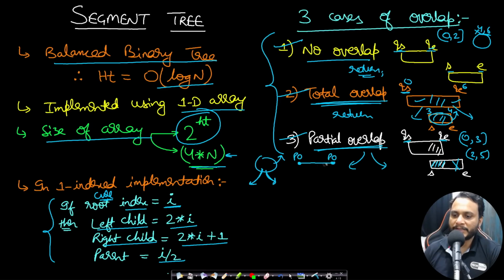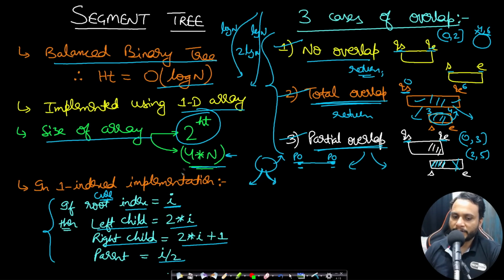Since a range can have exactly 2 endpoints, not more than 2, there can be a maximum of 2 partial overlaps, and therefore if you draw a tree, there will be a maximum of 2 root to leaf paths. You know that the height is order log n, therefore the time complexity will be 2 times log n at max. This proof was also shown in, I think, the construction video.